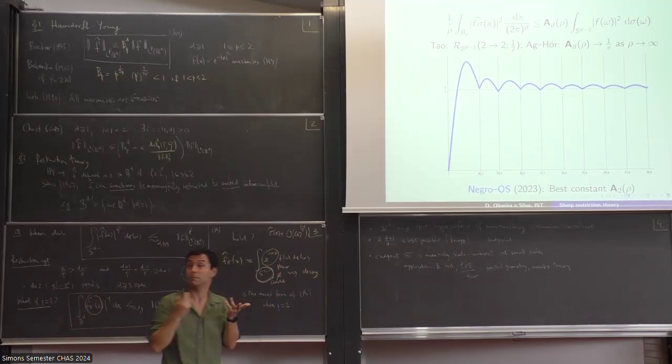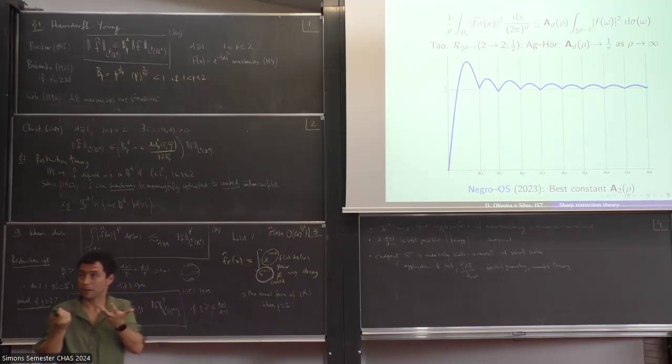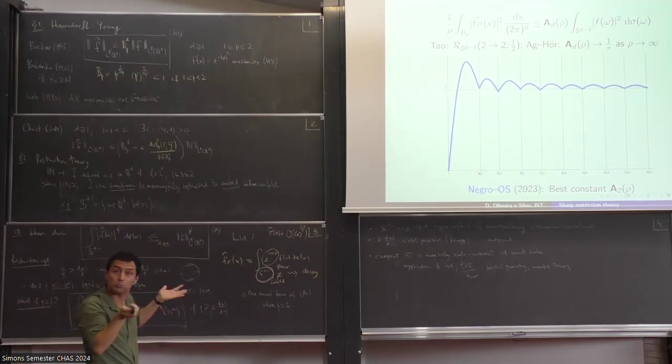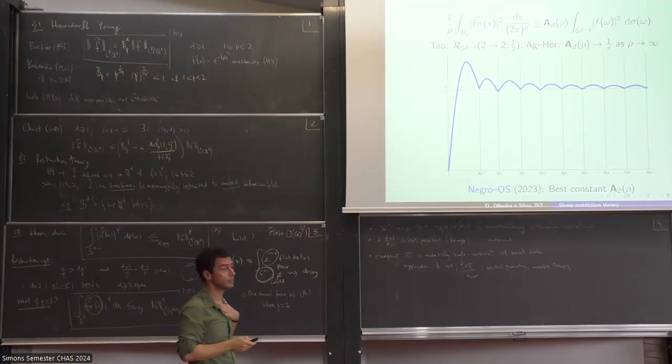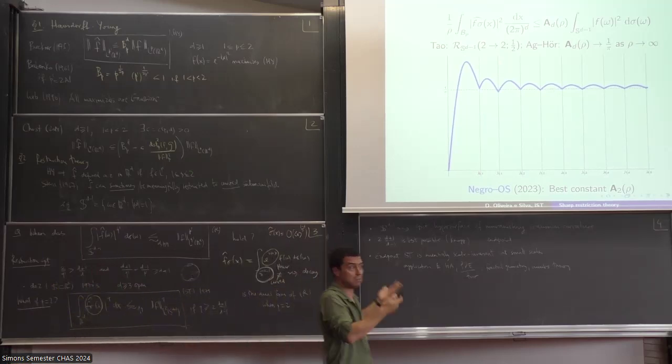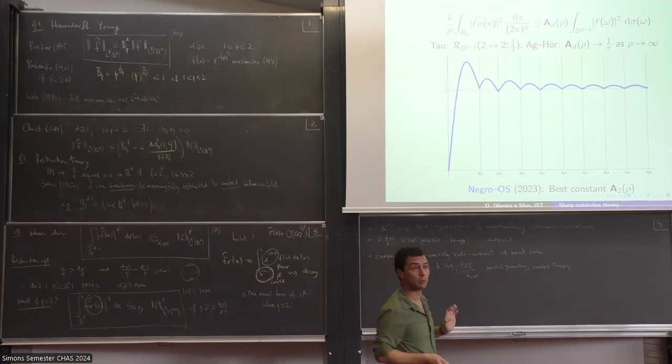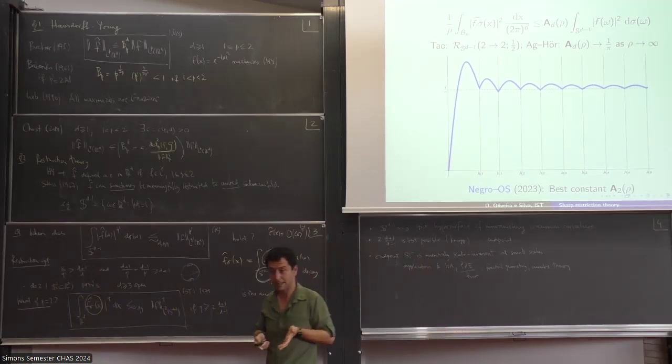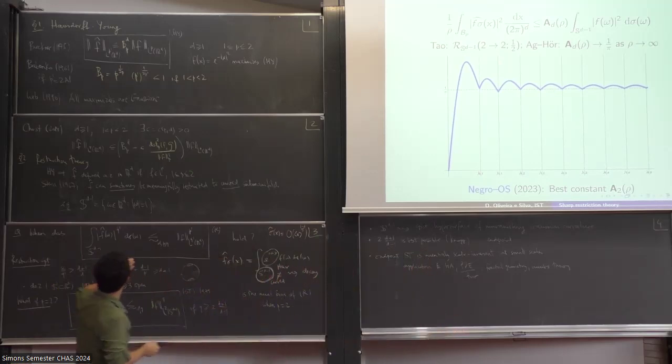So this is called symmetry breaking, because the maximizers break the symmetry of the problem. And we were kind of surprised to find this. I'm telling you this because sometimes these sharp inequalities hide surprises. So that means that the Beckner and Lieb program is completed for that Agmon-Hörmander inequality.